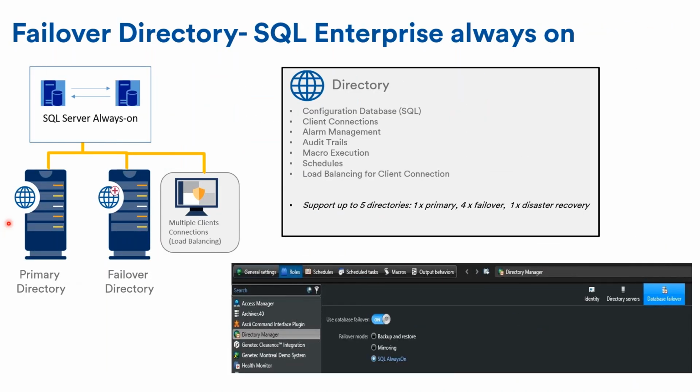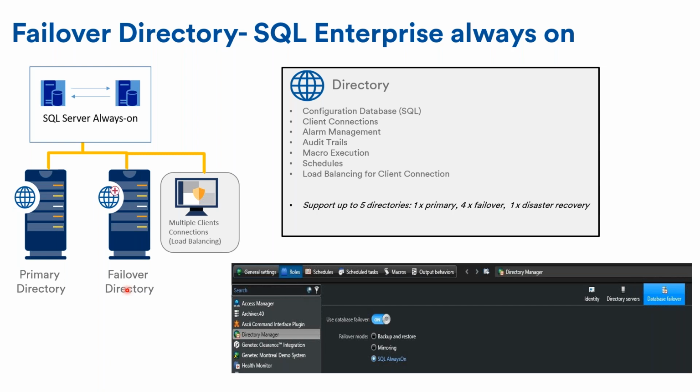Now, if you have a failover directory with a SQL Server Always On, the downtime between a primary directory going offline and the failover directory coming online would be almost instantaneous. Once again, this is very much dependent on your network environment, but if you have a reasonably strong network with good connection capability, once your primary directory comes offline, your failover directory would take over because your SQL server is always on.